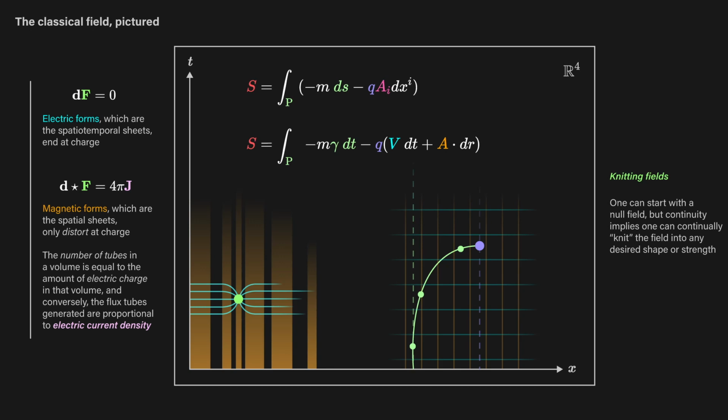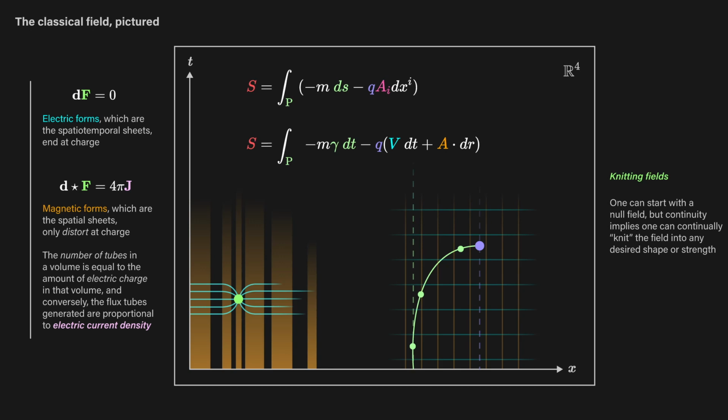And so the integral now gives m gamma, gamma being the Lorentz factor, times dt, which gives you the infinitesimal path segment oriented to the future, minus the charge, of course, but now we separated the vector potential into a temporal section, which is V, the voltage, the electric potential, plus the vector potential, the magnetic potential, A, times its infinitesimal segment dr.